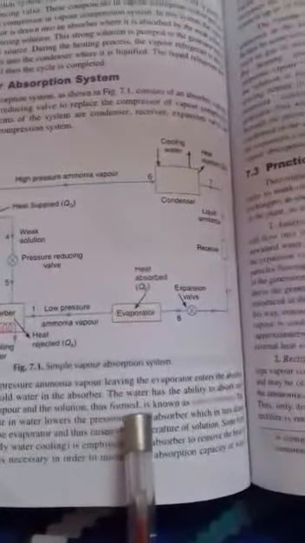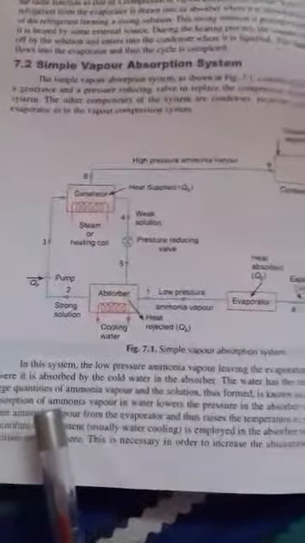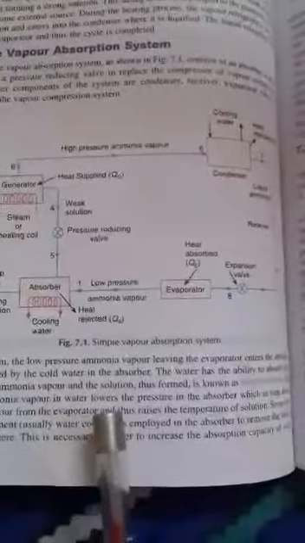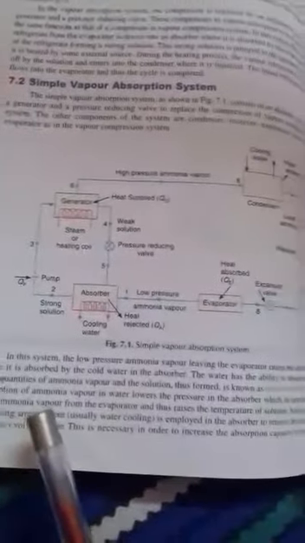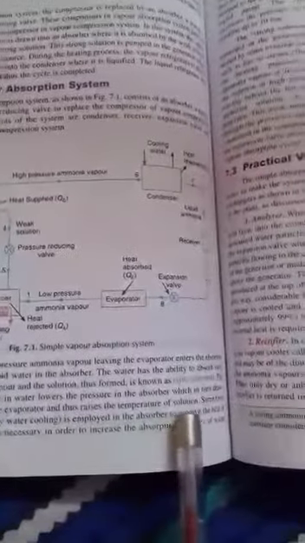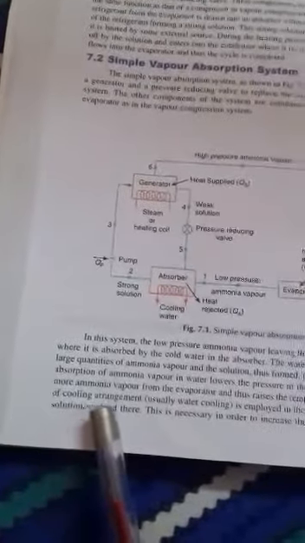The absorption of ammonia vapor in water lowers the pressure in the absorber, which in turn draws more ammonia vapor from the evaporator, and thus raises the temperature. Usually water cooling is employed in the absorber to remove the heat of the solution.